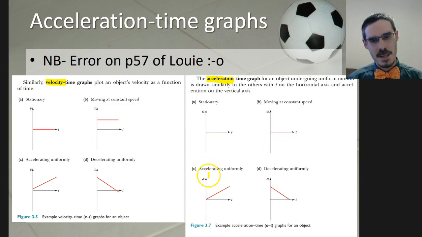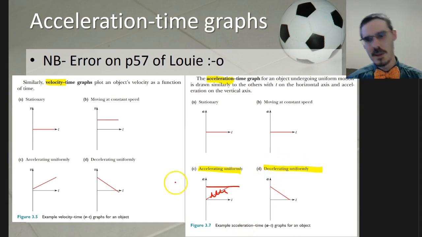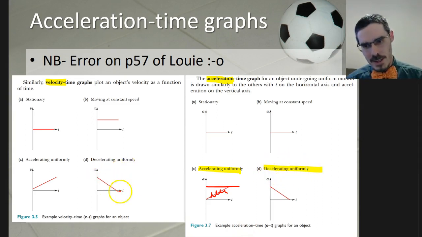But have a look at this. This one here is incorrect, as is this one. If you are accelerating uniformly, that means you're doing this. But the slope of this is a constant, a positive constant. It should be here, not there. And if it is decelerating uniformly, that means it's doing this.